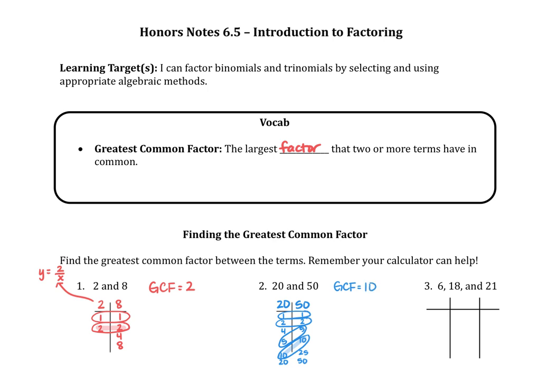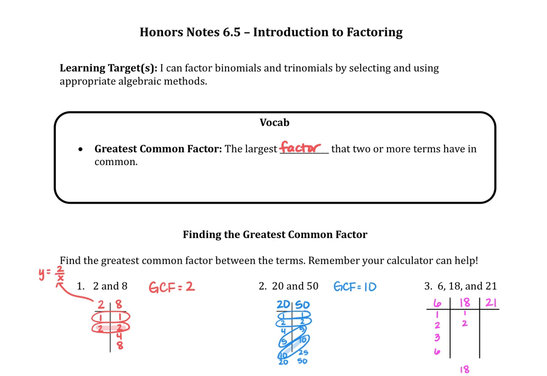All right, let's try another one. This time I'm going to have 3 numbers. So I have 6, 18, and 21. Factors of 6 would be 1 times 6 and 2 times 3. Factors of 18, I could do 1 times 18.